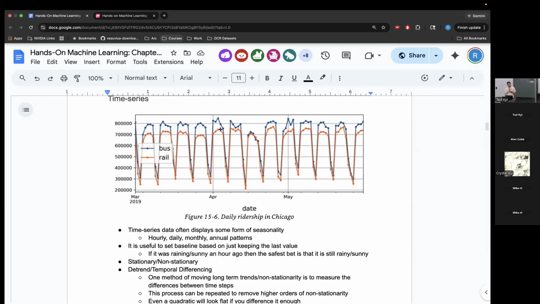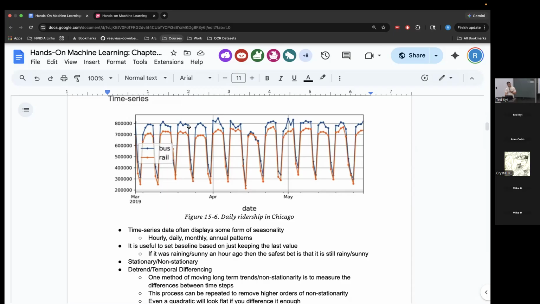So you say today 30,000 people rode the bus, tomorrow it's probably going to be a similar number. And if this number trends up a whole bunch over time, you're still just taking the last known point, and so you'll probably end up roughly in the ballpark.